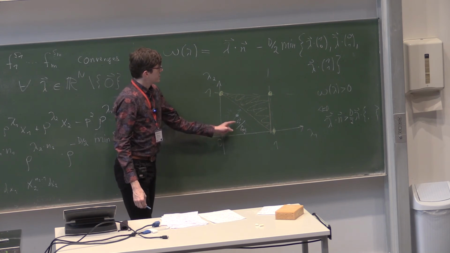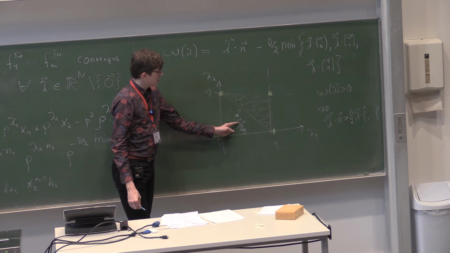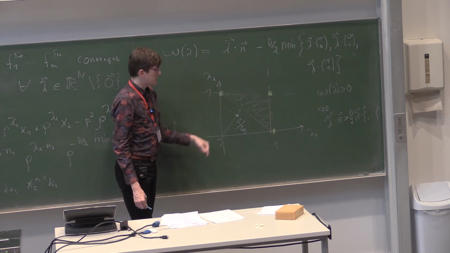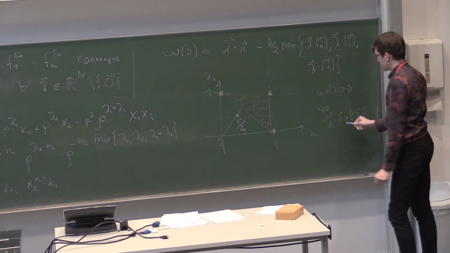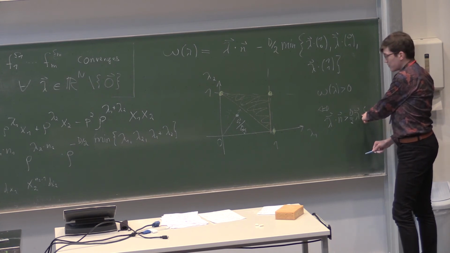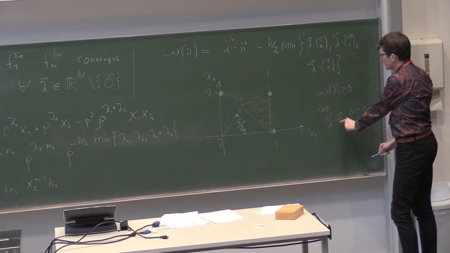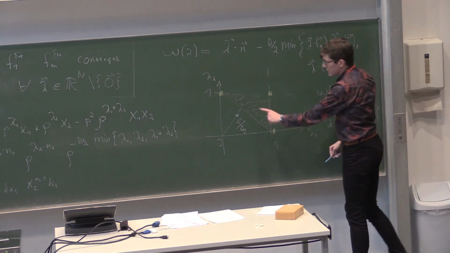So that means that the dot product of n with lambda is smaller than the dot product of lambda with any of the 3 points, because it's closer to the origin, right? So it will violate this condition, right? Because for this point of n, all the other points will have a bigger dot product, but you want that the dot product with n after normalizing by d over 2 is bigger than any of the 3 vertices. So this is a divergence.